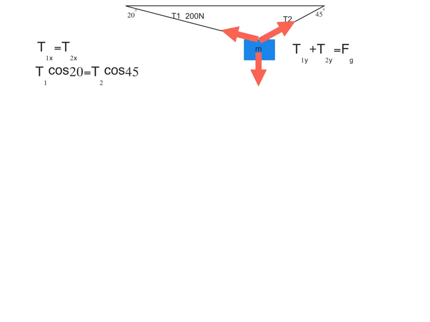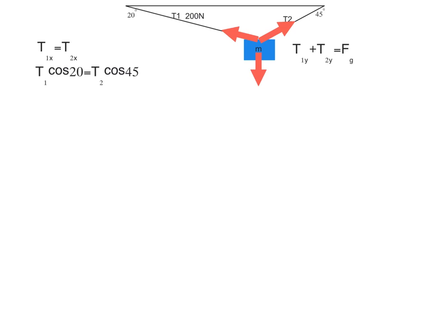We're going to have something similar here too. Remember that the x direction deals with cos. So what this is going to look like is that we're going to have T1 cos of 20 degrees. That right now is the same thing as T1x. So T1 cos of 20 degrees is really T1x is what we're saying.